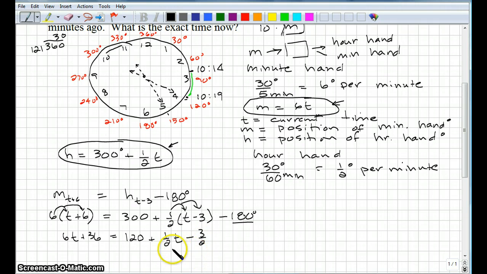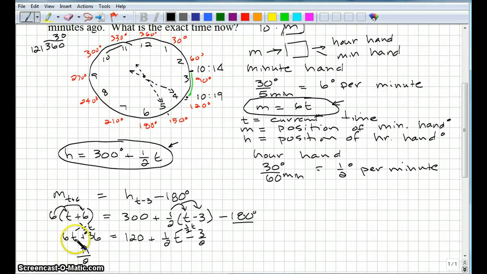Okay. So next, let's get all the t's on one side. So if I subtract 1/2 t and 1/2 t, that gets rid of this because this just becomes 0. So we'll get essentially 11/2, right?